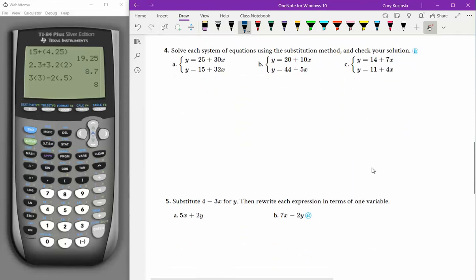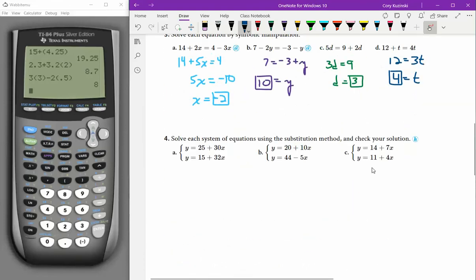Obviously, using the substitution method, you've got to be pretty good at solving equations. All right, so we're going to solve these systems using the substitution method now. On each one of these, they're already solved for y, so essentially we're just taking the right side of the first equation and setting it equal to the right side of the second equation.